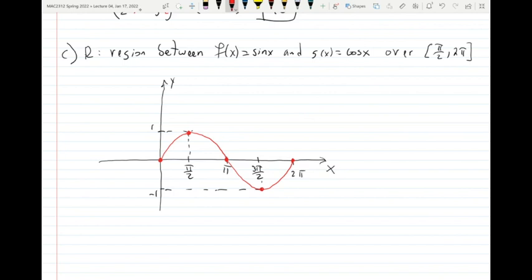That's the sine function, and then it continues, but we don't care about what happens after. It's the same thing over and over, to the left and to the right. So that's the function f.